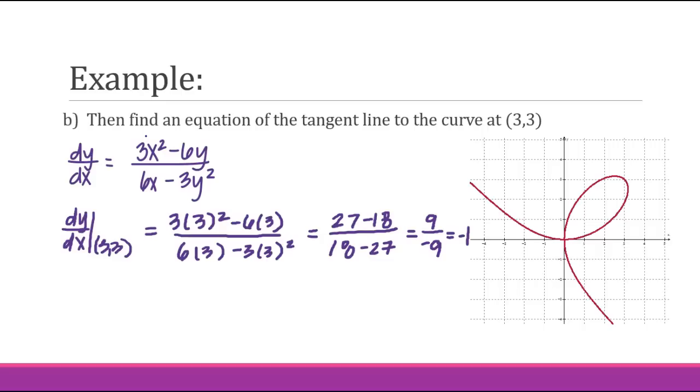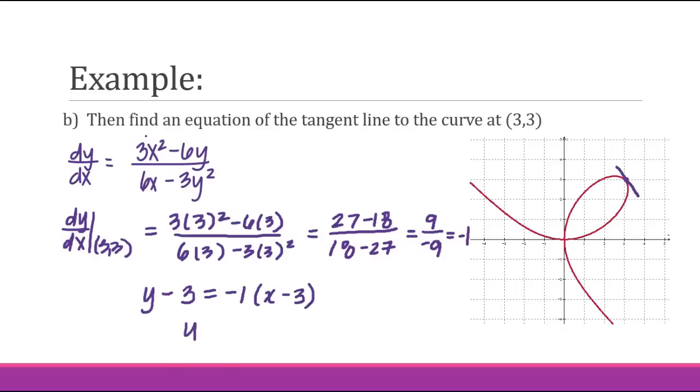So at the point (3, 3), here's that point, I can see that the slope looks like it's about negative 1. So that's what we just verified here. We don't want just the slope of the tangent line, we want an equation of the tangent line. So we're going to use y minus y1, so this is our coordinate point (3, 3), equals our slope m, negative 1, times x minus 3.